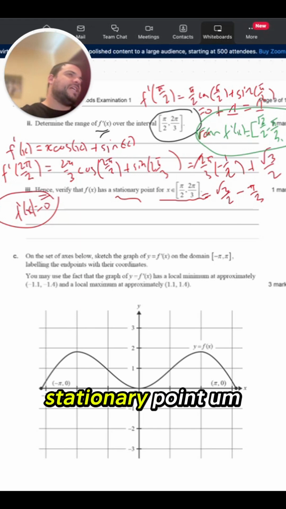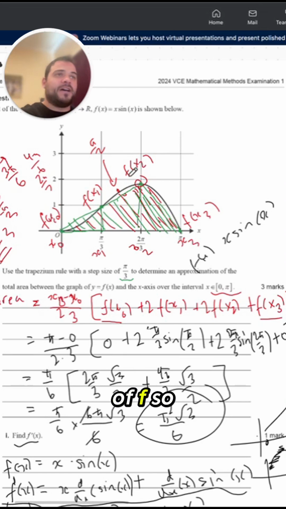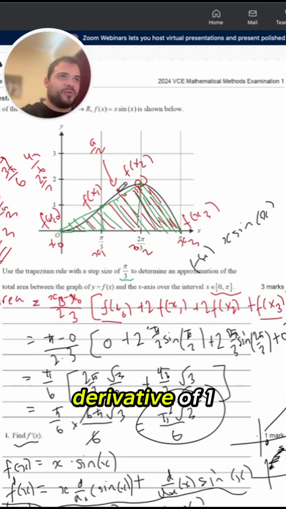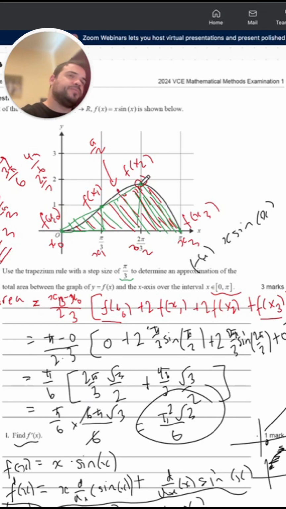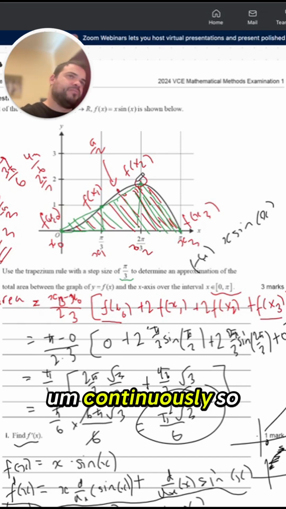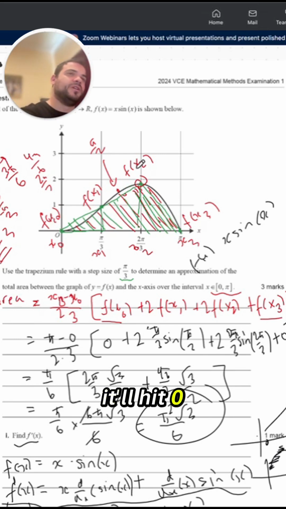If there's a stationary point, just looking at the graph of f, so the function itself, x times sine of x, at pi on 2, it has a derivative of 1, which then decreases continuously.